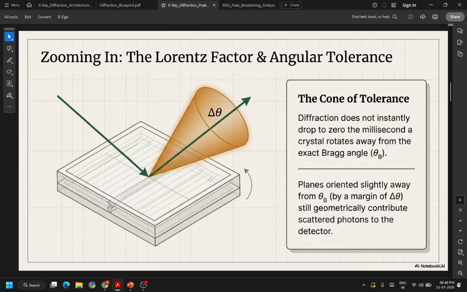So the Lorentz factor and angular tolerance. Diffraction does not instantaneously drop to zero the millisecond a crystal rotates away from the exact Bragg angle.